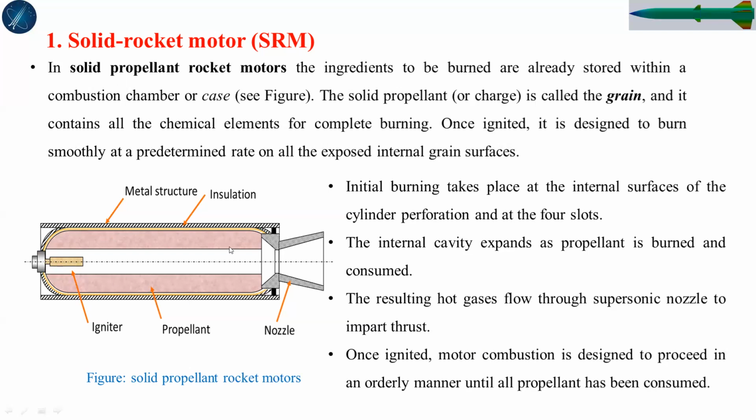We call it solid propellant because it is manufactured from different types of chemical grains, and it contains all the chemical elements for complete burning. Complete burning means there is no residue expected to be left. Whenever it burns, it has to be burned completely, with no residue material left. Once the ignition signal is given, this ignition system by itself needs careful study. Okay, it can be a topic for somebody among you for your master thesis.